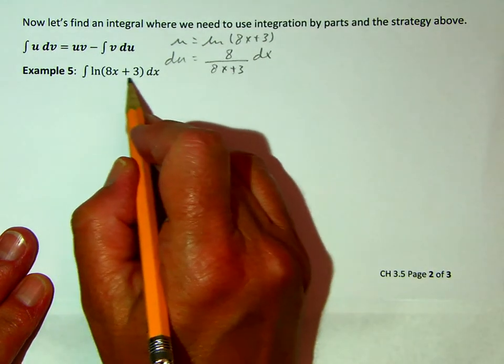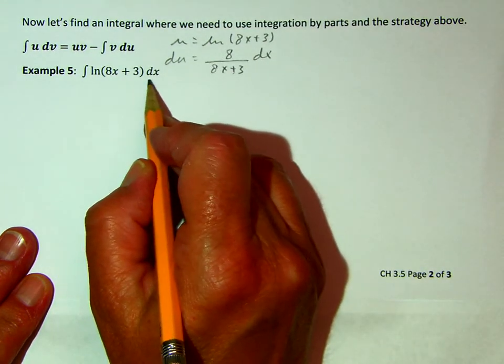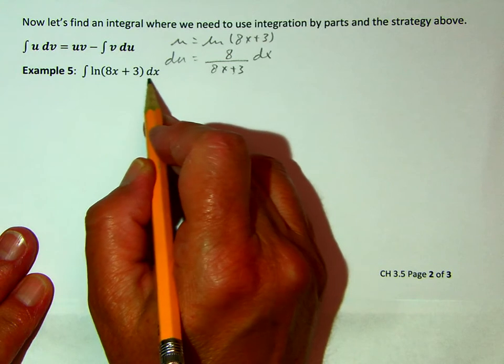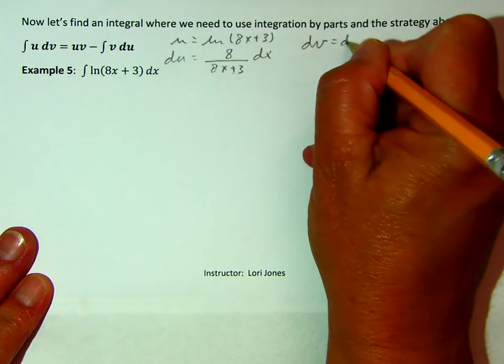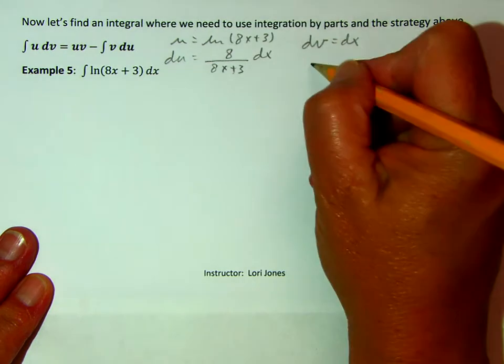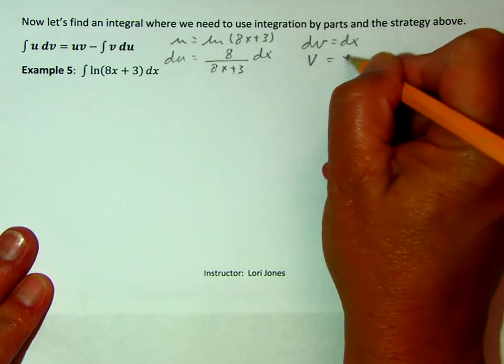And once we use that for u, then what we have left for dv is dx, and that tells us that v is x.